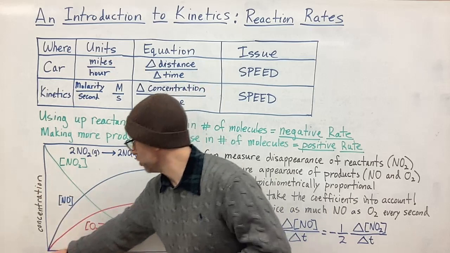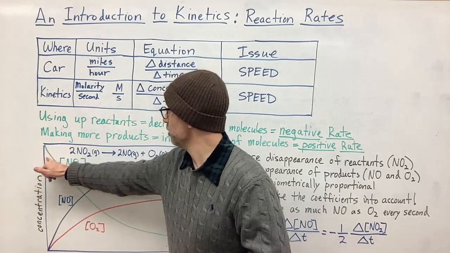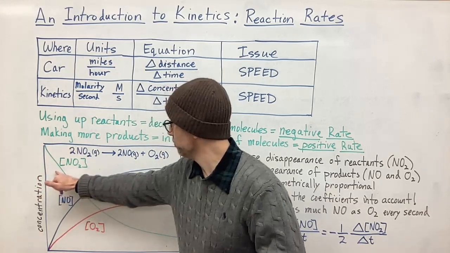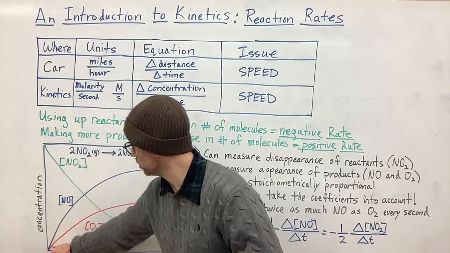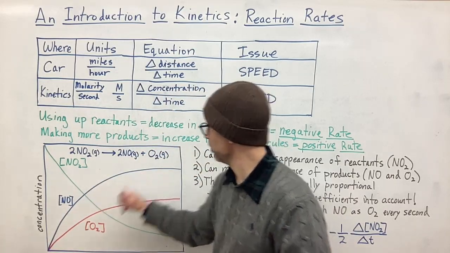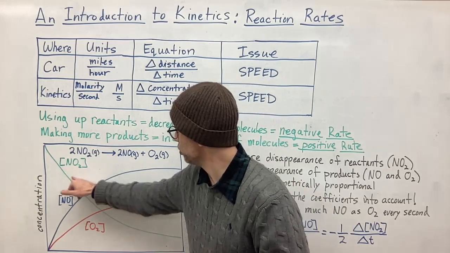So as time goes on, once the reaction starts, the number of NO2 molecules goes down. The concentration goes down as the concentration of products goes up. So NO is increasing, O2 is increasing as NO2 is decreasing.